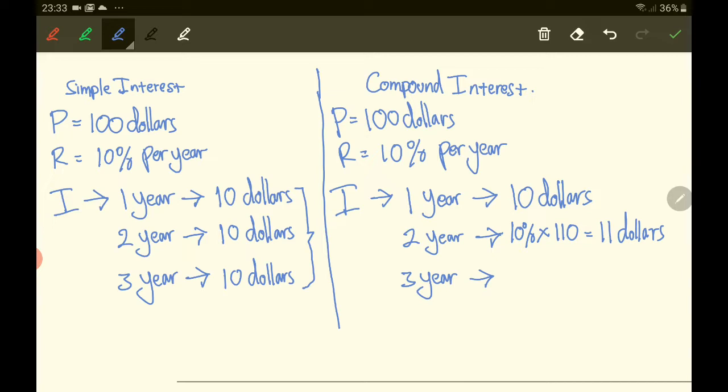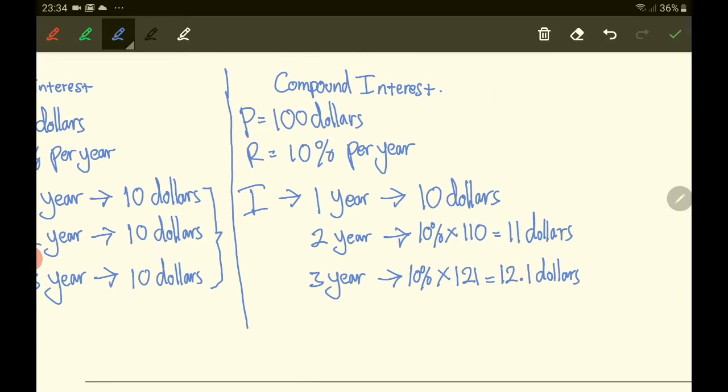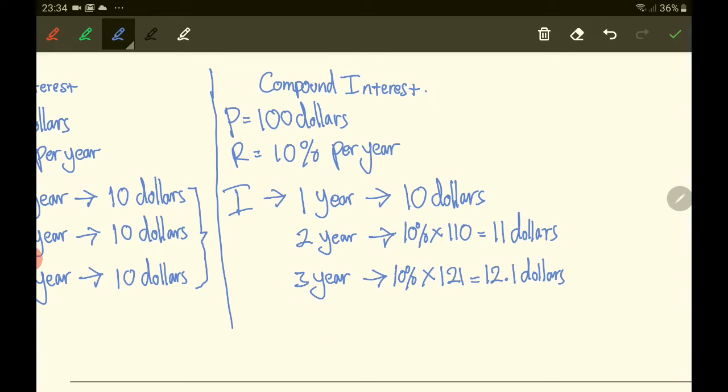So in the third year, the interest is 10% out of $121, because $100 plus $10 is $110, plus $11 is $121. So in the third year the interest is $12.1.